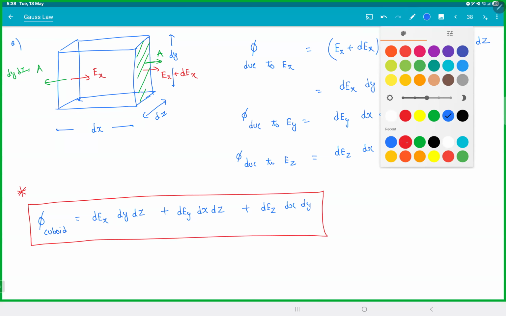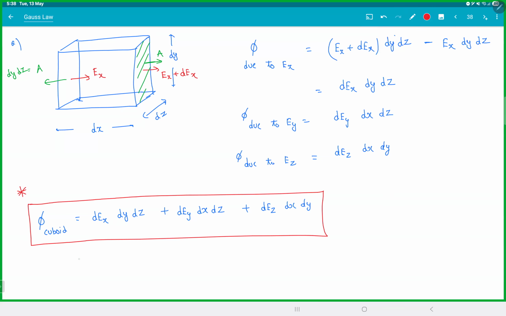Now in our question, it is given field E is equal to, so this is the component Ex i cap, Ey j cap plus Ez k cap. So here the field is given as x i cap, 2y j cap. So I could have given any other field, 3z k cap.